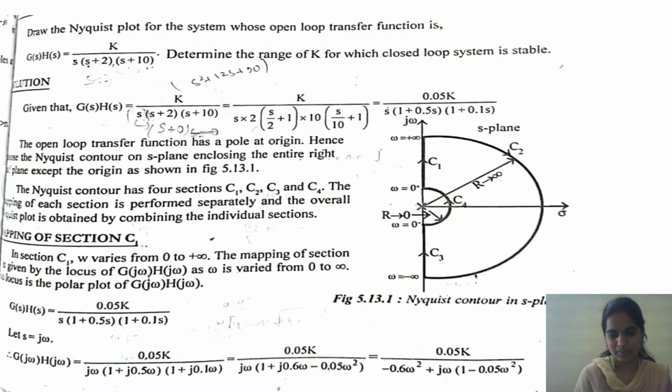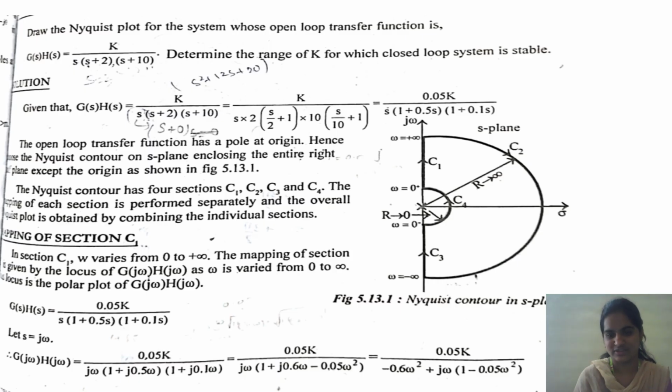Finally, the equation will be 0.05 K by minus 0.6 omega square plus j omega (1 minus 0.05 omega square).